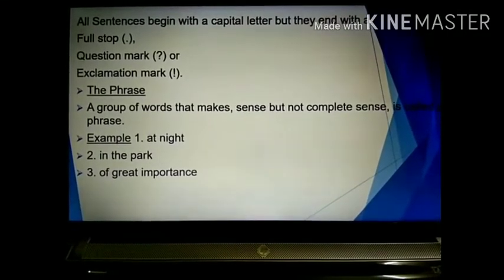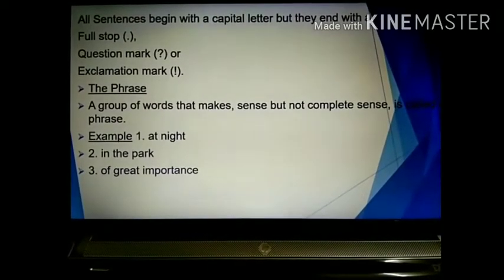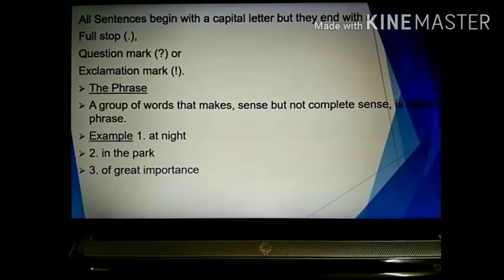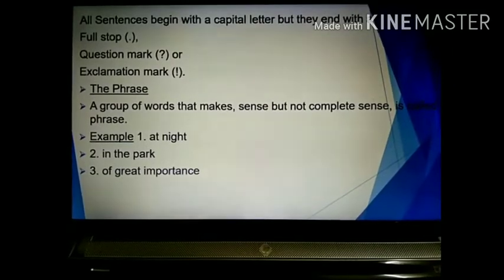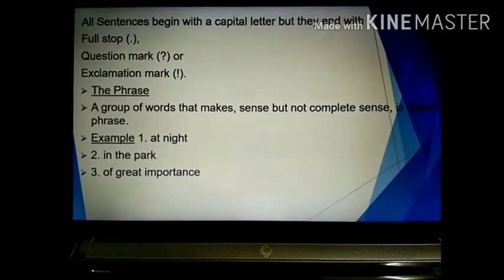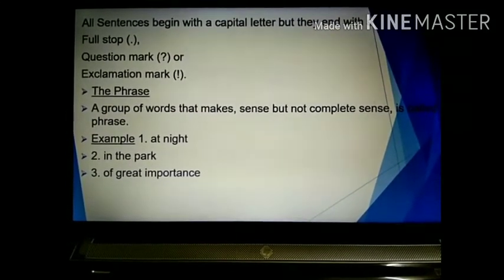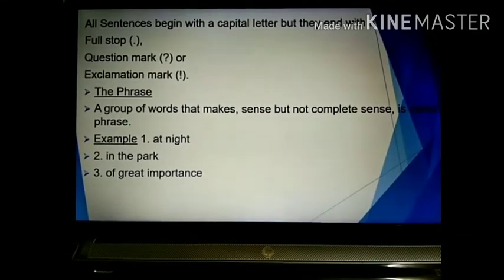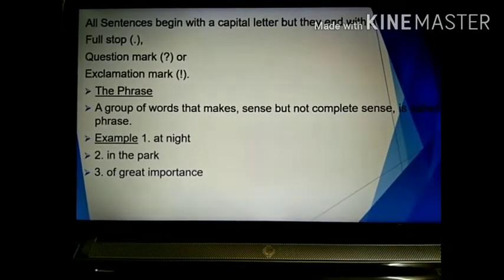Example: first, at night, second, in the park, third, of great importance. As we have read all the examples, they are not creating complete sense, so we consider them as phrases.